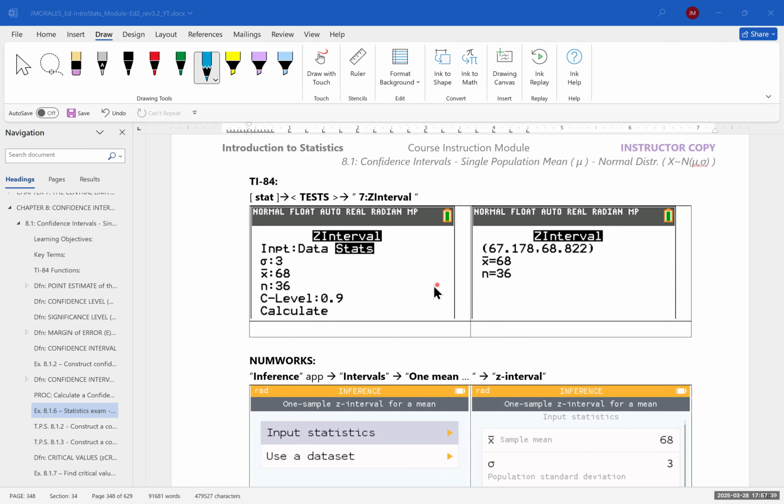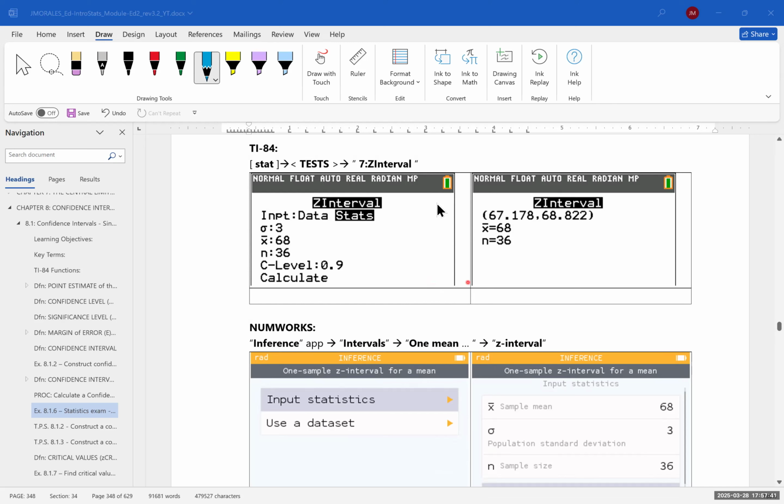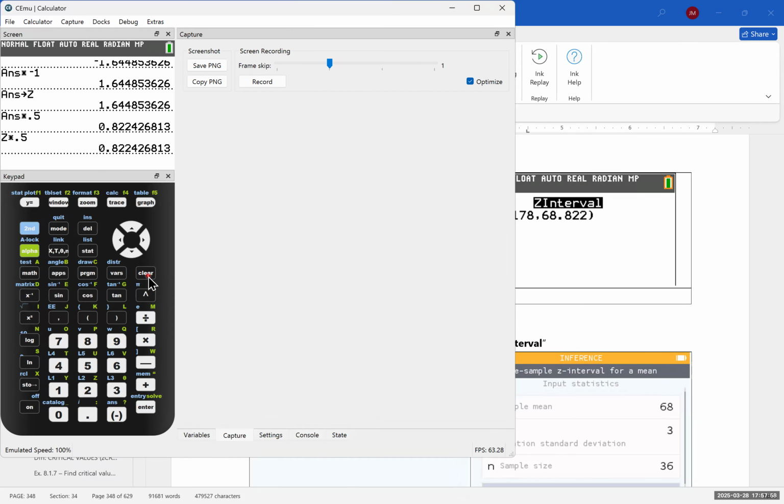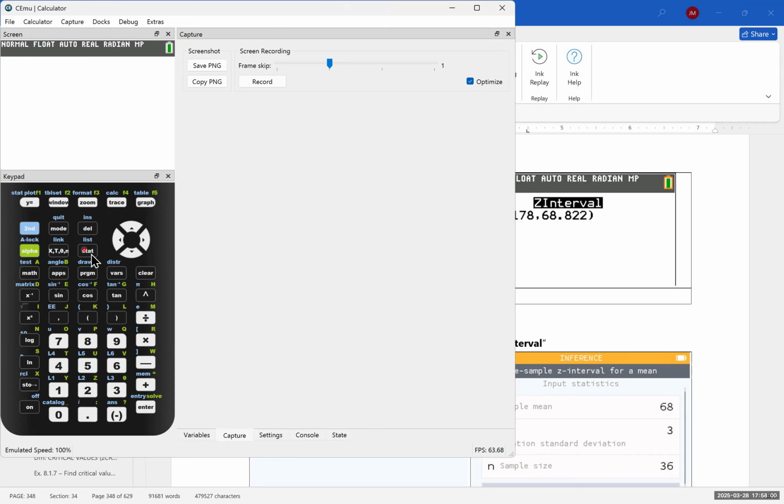So having said that, where can we find these interval functions? On the Texas Instruments, if we hit stat, go to the tests menu, and then scroll down, there's one called Z interval.